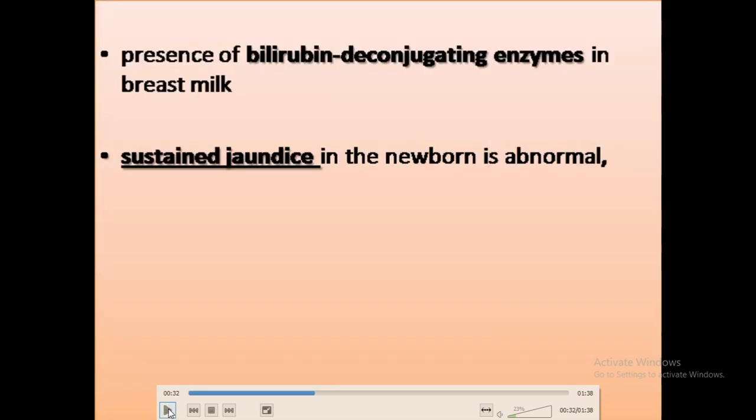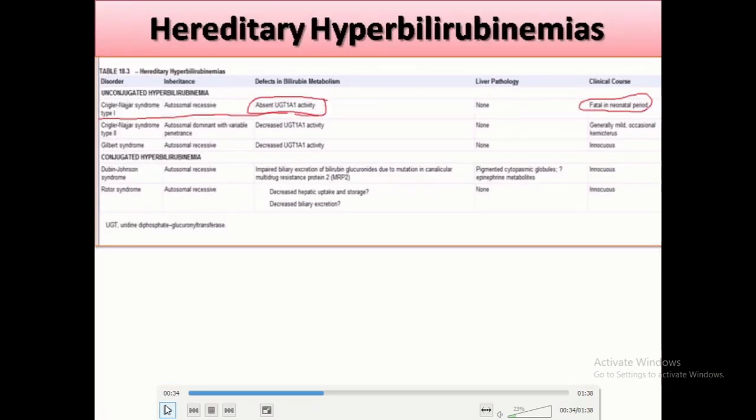Plus, bilirubin deconjugating enzymes in breast milk may aggravate the condition. However, sustained jaundice even after 15 days in a newborn is abnormal and may point towards hereditary hyperbilirubinemia.